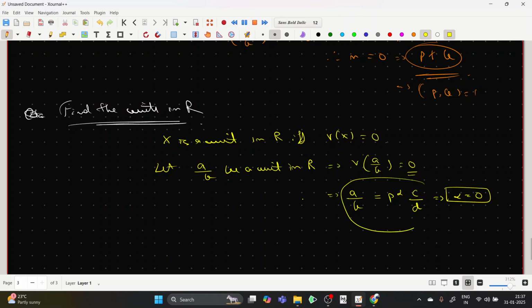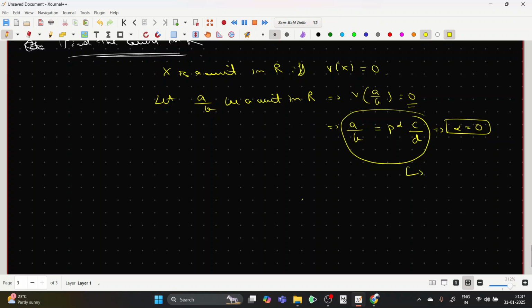But in this definition, recall that P does not divide C. Now since A by B is chosen from the discrete valuation ring, P obviously does not divide D. But since alpha is equal to 0, this C by D must be exactly equal to A by B. So the representation of A by B is P to the power 0 times A by B itself, and that's the only representation possible in terms of the discrete valuation. But this implies that P does not divide A, right?